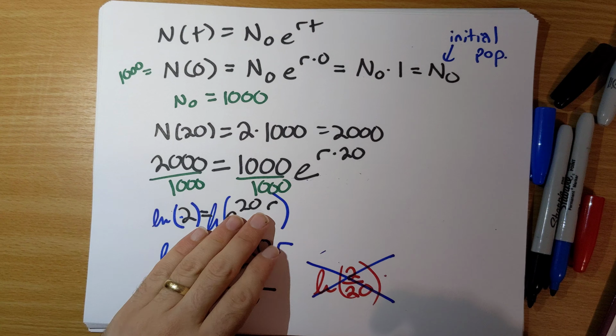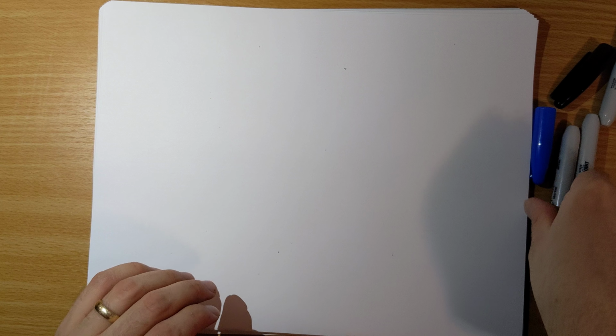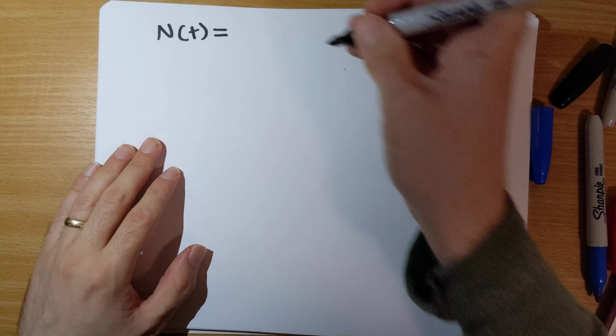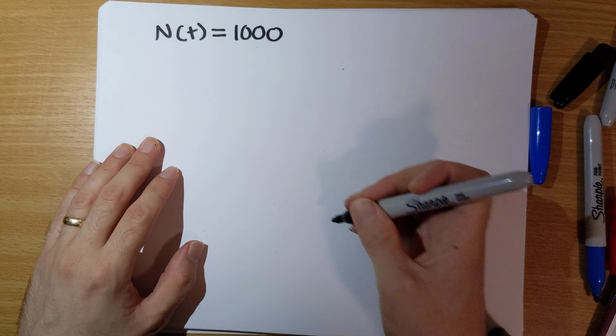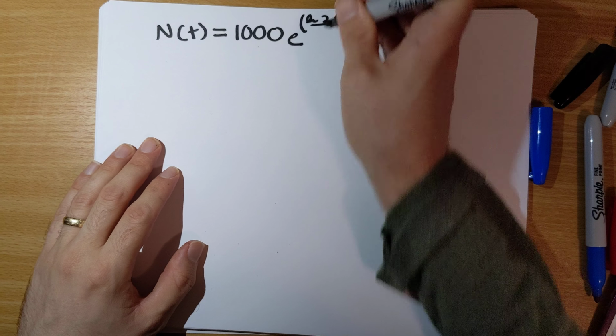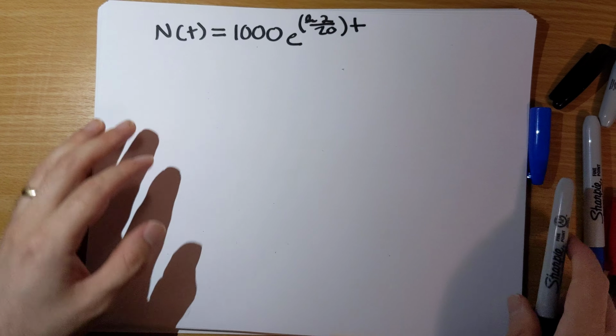Okay, so we've got our answer for what r is, and we figured out what N naught is. Putting all of this together, our equation is now N of t is 1,000 e to the natural log of 2 divided by 20 times t.